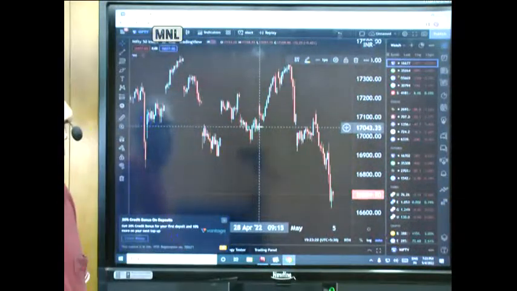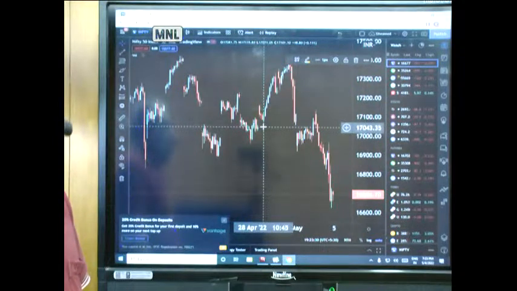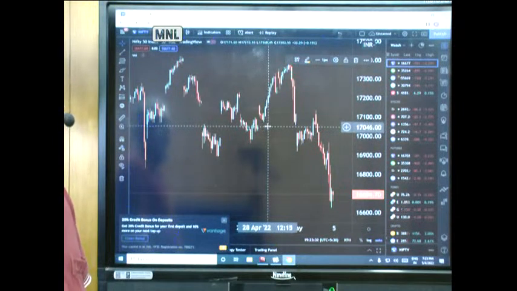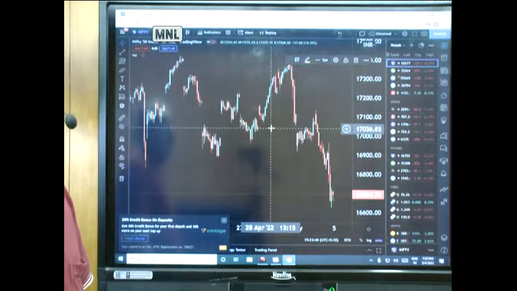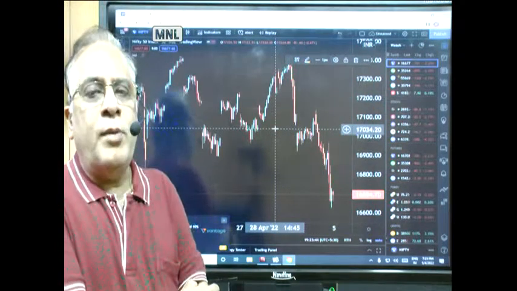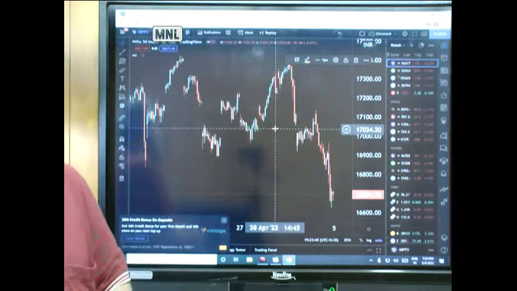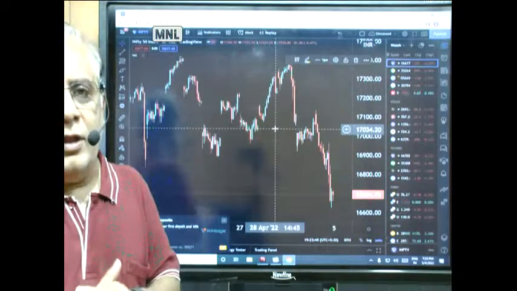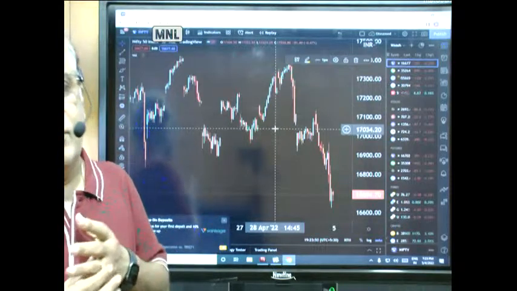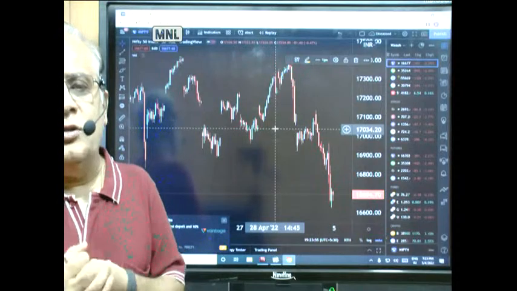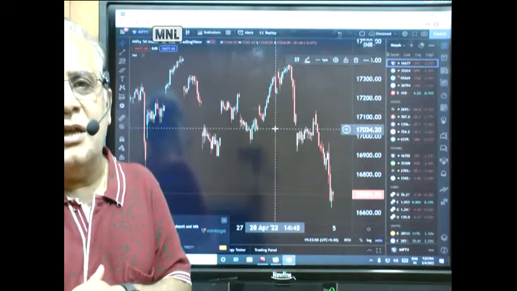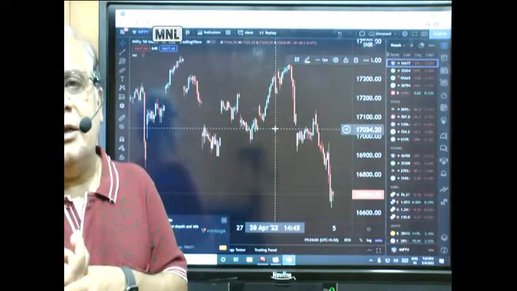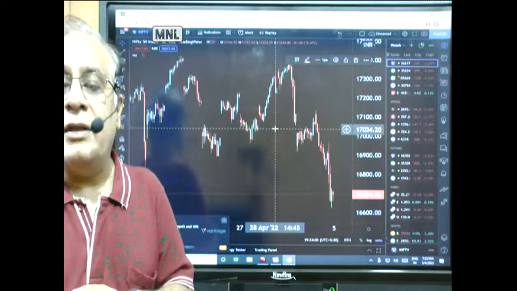So if you have gone long above this, then even if it starts moving up to 17,210, and if you see, that day the close was 17,231, but you would have taken profit at 17,219, and it went up to 17,322 or so. So probably there is a chance that you can keep something more than the volatility of the market range. But for intraday, it's better not to do that, because there's a lot of chances that after exceeding a particular volatility range, we should be very careful. There can be a pullback.